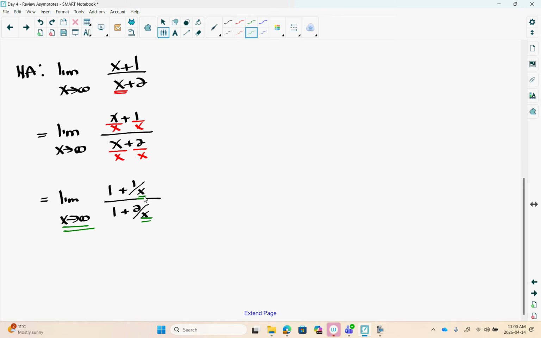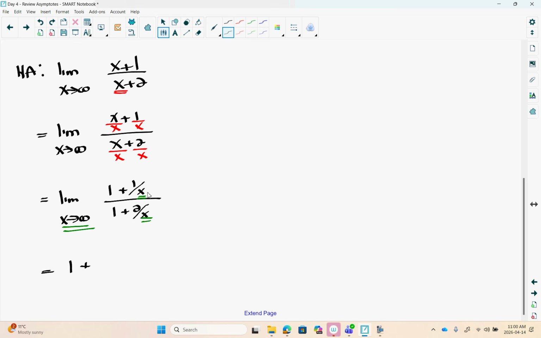Cool? Now direct substitution will work. Because what happens if you take a constant 1 or a constant 2 and you divide it by infinity? What happens to that term right there? This first term in the numerator remains a 1. But what would this become? Remember the example we talked about yesterday. 1 divided by 10 is 0.1. 1 divided by 100 would be 0.01.